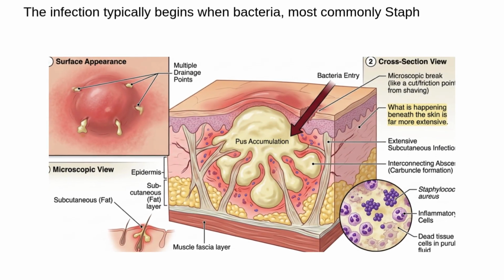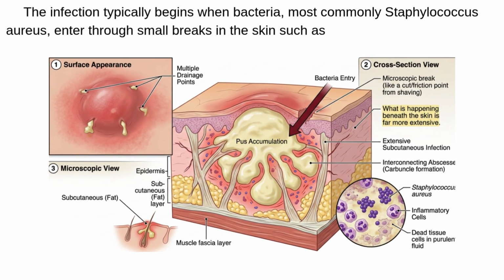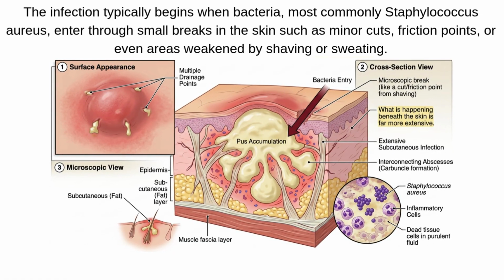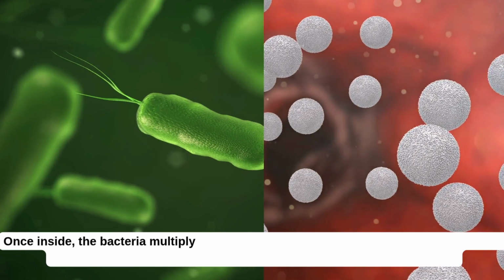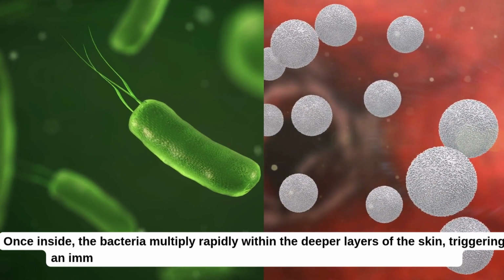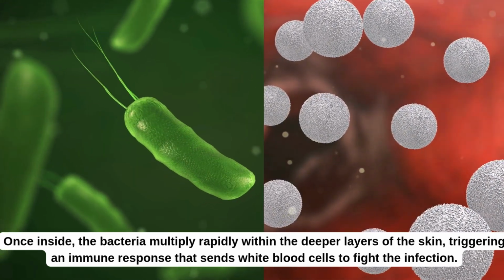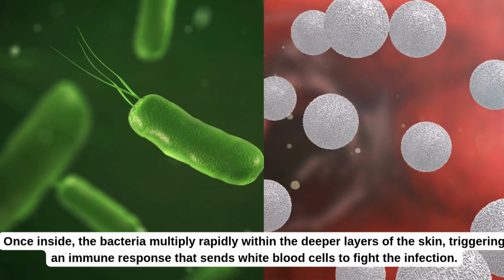The infection typically begins when bacteria, most commonly Staphylococcus aureus, enter through small breaks in the skin, such as minor cuts, friction points, or even areas weakened by shaving or sweating. Once inside, the bacteria multiply rapidly within the deeper layers of the skin, triggering an immune response that sends white blood cells to fight the infection.